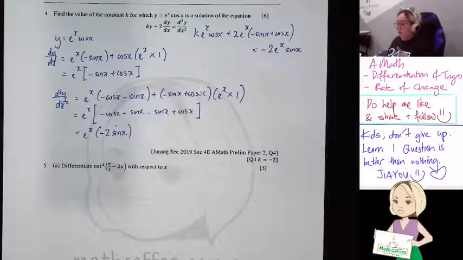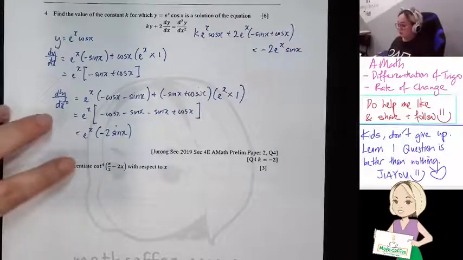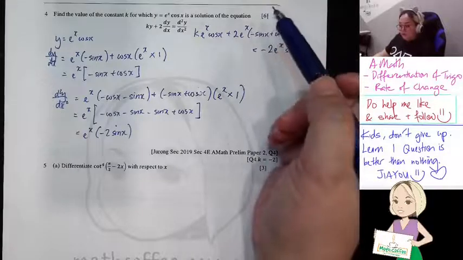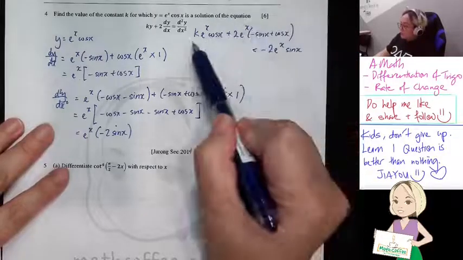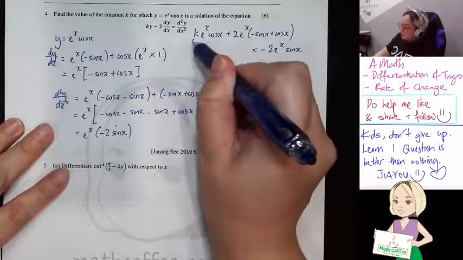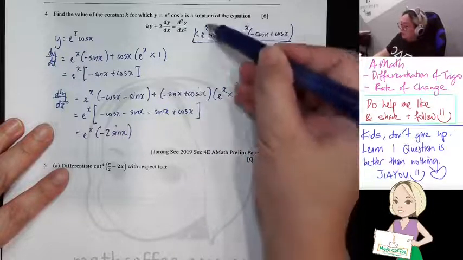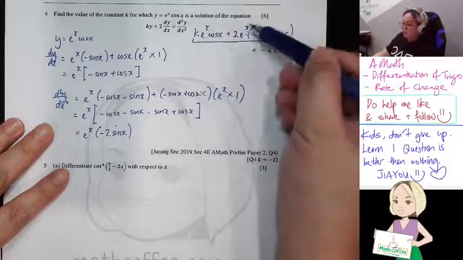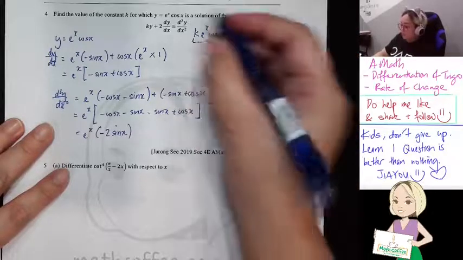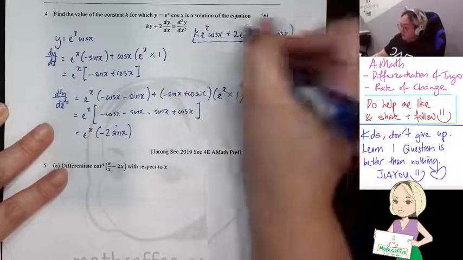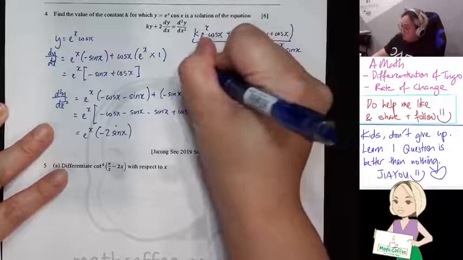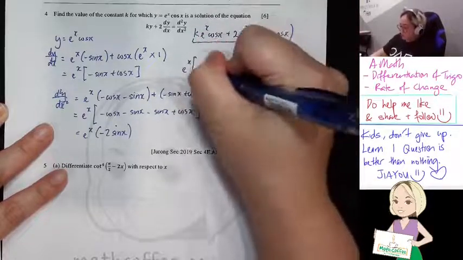So the question is, how am I going to solve this equation? If you notice this part, from here to here, I actually have a common factor e to the power of x. So I'm going to take out the common factor e to the power of x and put a square bracket.